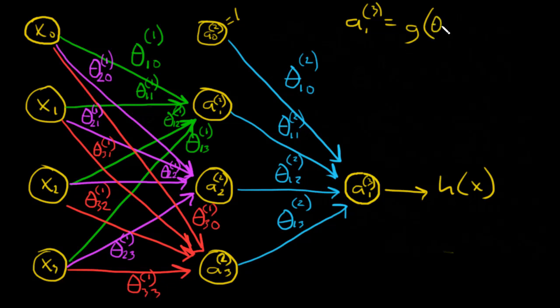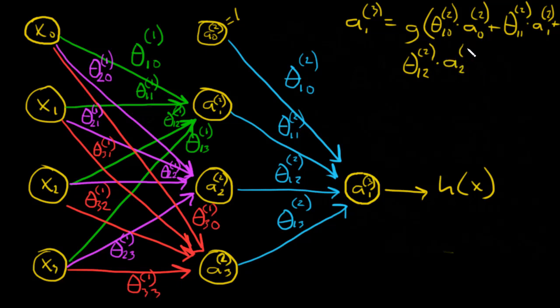This is going to be theta 0 to 1 layer 2 times A0 from layer 2, plus theta 1 1 layer 2 times A1 layer 2, plus theta 2 1 layer 2 times the previous activation, so that node is A2 layer 2, and finally theta 3 1 layer 2 times the previous activation, A3 layer 2.